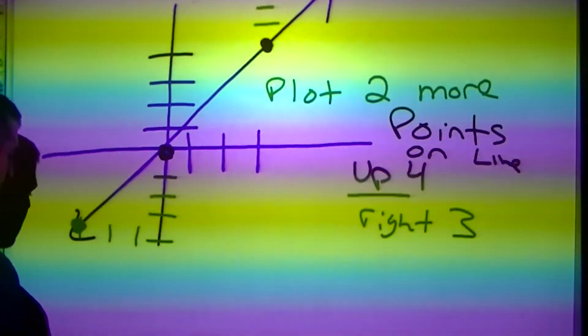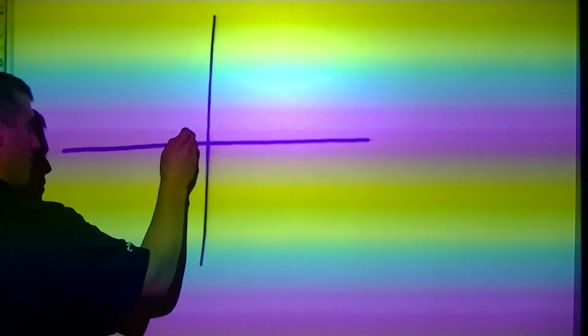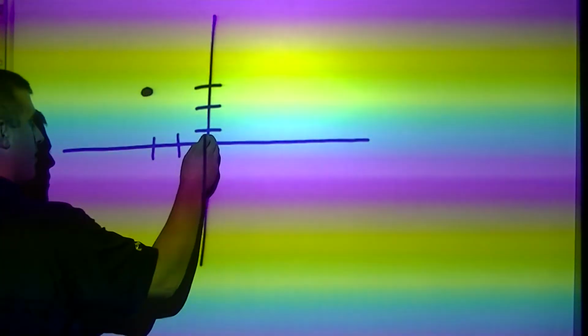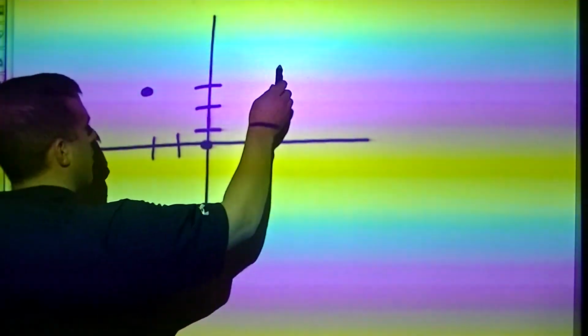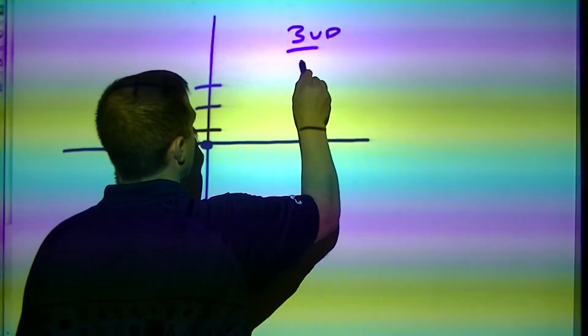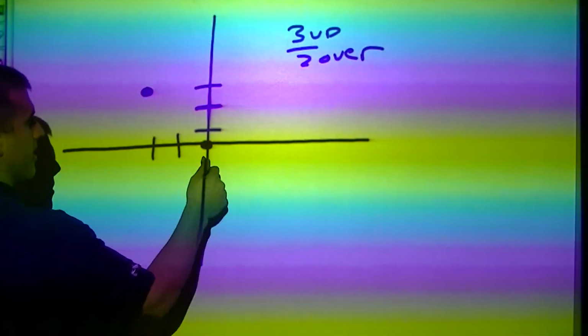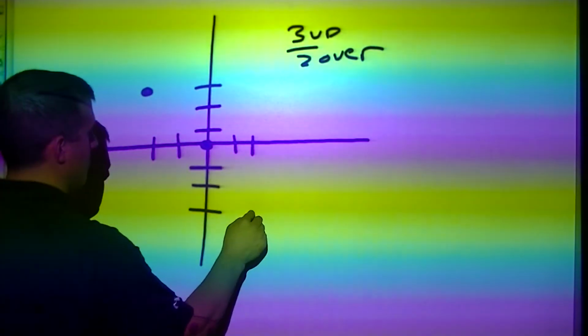Let's say I had this. 1, 2, 1, 2, and 3. And they wanted me to graph a couple more points. So what I would do is 1, 2, 3 up and 2 over. 3 up, 2 over. So I can keep this going this way, by going 2 over, 1, 2, 3 down.